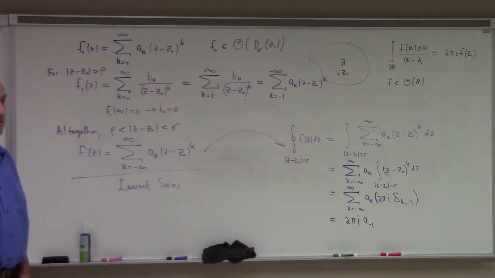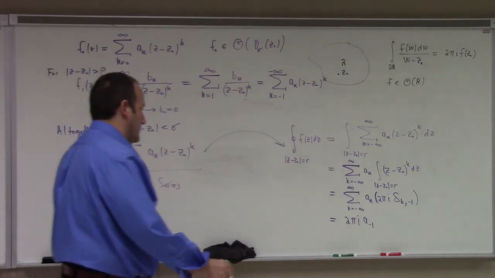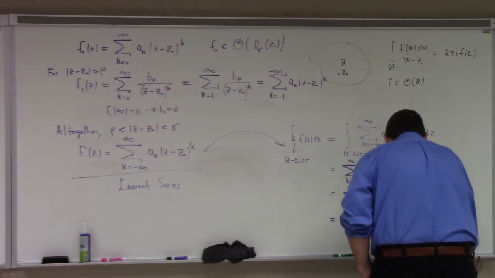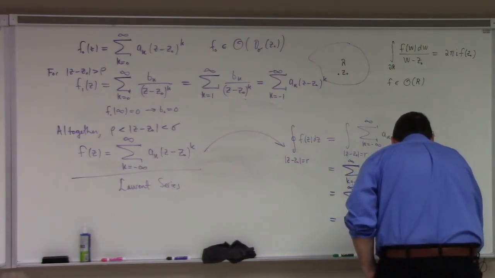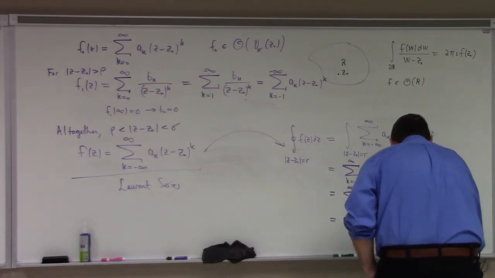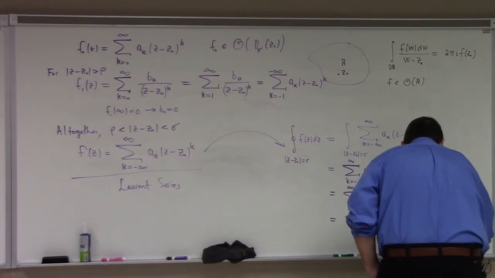By the way, the minus 1th coefficient of the Laurent series is called the residue of f. a minus 1 is the residue of f of z centered at z equals z naught.